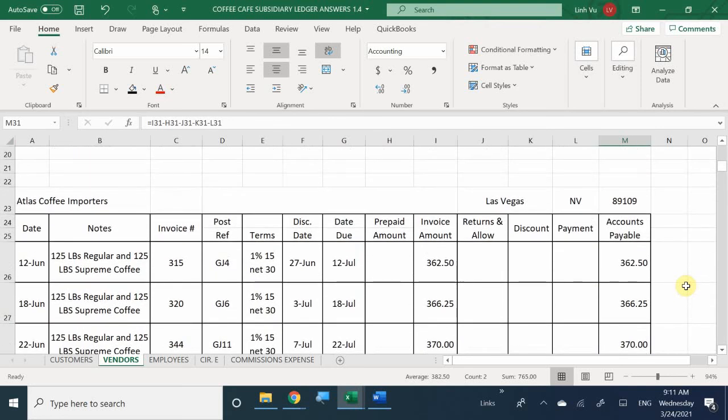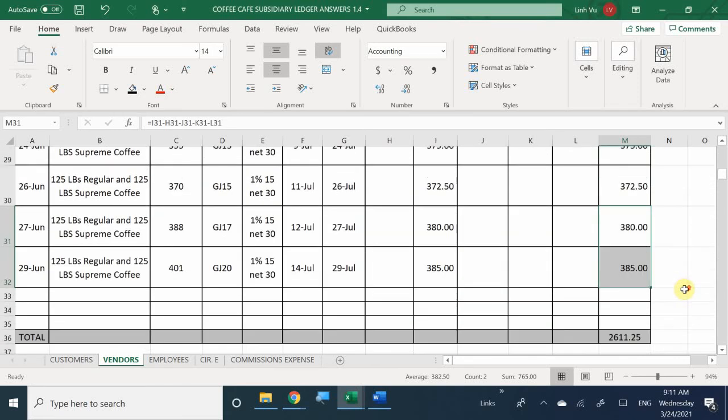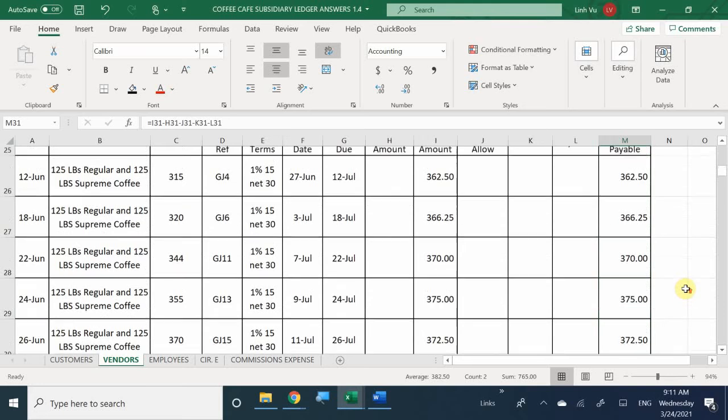And let's check it out. Are any of them due anytime soon? No. None of them are due anytime soon. Not until July. So we're still good. We still owe them $2,600.